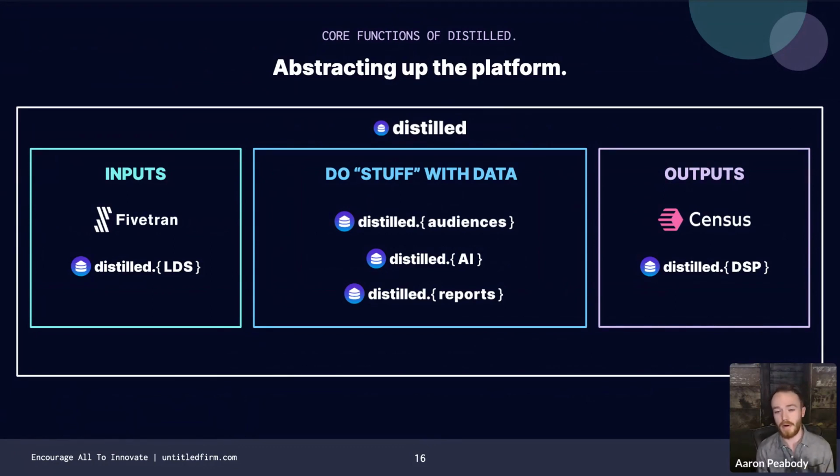And then also our Distilled LDS tag, which allows people to bring in user level data from their website. Doing stuff with data is all the actual audience building and the models that create different types of audiences, and the reporting to consolidate media spend analytics and advertising data in one place.